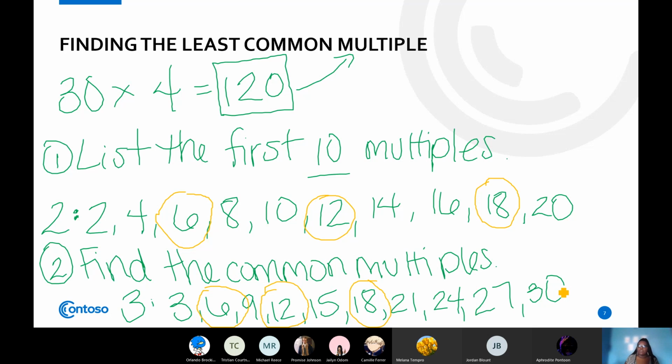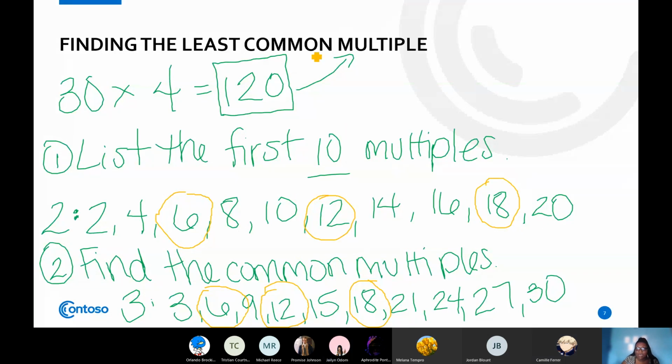When I want to find the multiple that they have the least in common, the least common multiple, would it be 18? No. Would it be 12? No. So what's the least common multiple? 6. Yeah.